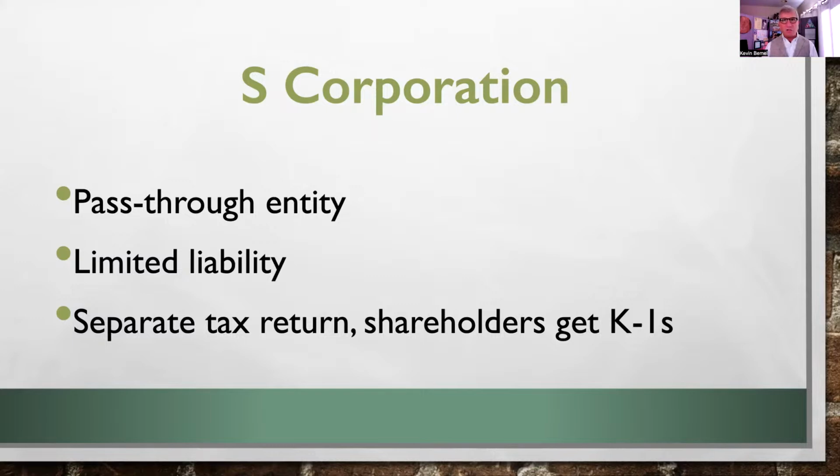And then if something does go wrong, they know the context and can be well prepared to handle those matters for you in the way that will be most beneficial. Okay. So an S corporation: a pass-through entity, limited liability, and a separate tax return; shareholders get a K-1.